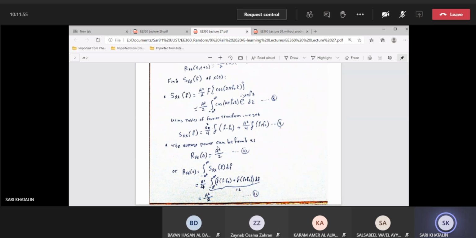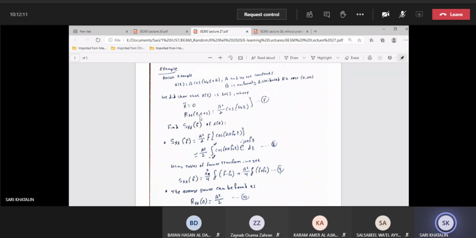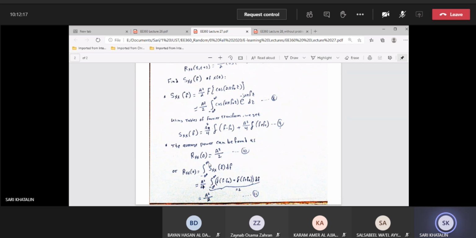Now, the average power. We found the power spectral density. If we need to find the average power, as we said before, you take the autocorrelation and set tau to 0. Since you already have the autocorrelation in equation 7, all you have to do is set tau to 0. Cosine 0 is equal to 1, so this is the result.